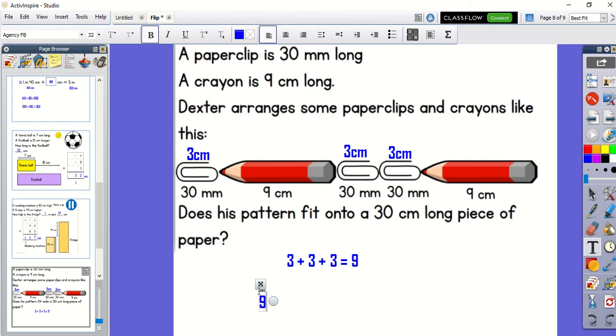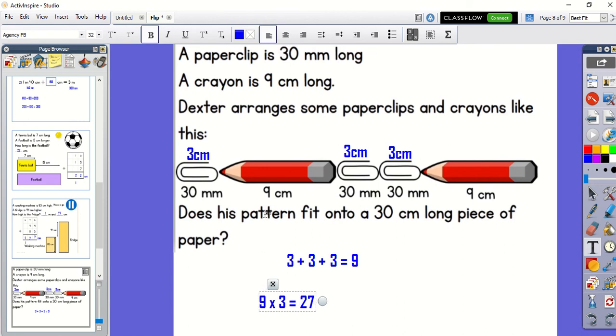And I can do 9 times 3. Now if you don't know your 9 times table, that's fine, because all of you should know your 3 times table. So 3 times 9, so we go 3, 6, 9, 12, 15, 18, 21, 24, 27. Ooh, there we go. 27.